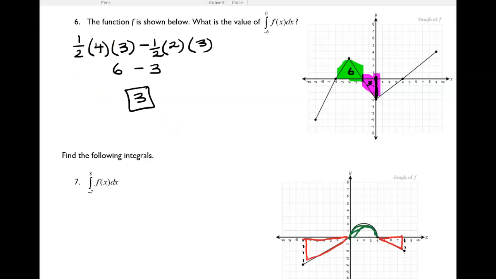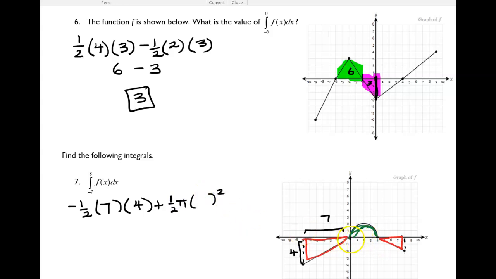So for our first triangle, we have a base of 7, a height of 4, and so we have -1/2 times 7 times 4 plus, for a semicircle, remember the area of a circle is pi r squared, so we're going to do 1/2 pi r squared.